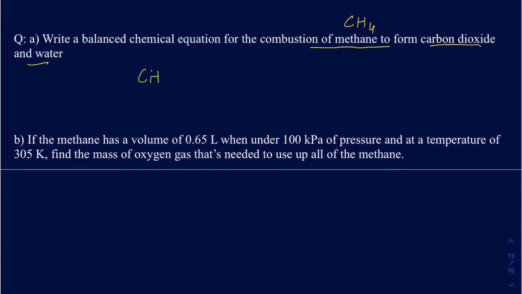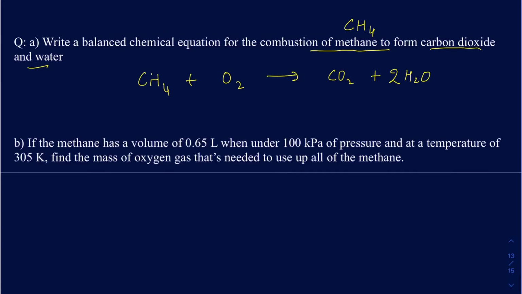So methane is being burned in the presence of oxygen, and it's making carbon dioxide and water. Make sure you balance this equation. Okay, seems like I need 4 hydrogens on the product side, so I'll go ahead and put 2 there. Your oxygen becomes 4 on the product side, so I need to put 2 in front of the O2, and that should take care of this problem. Everything seems to be balanced now.